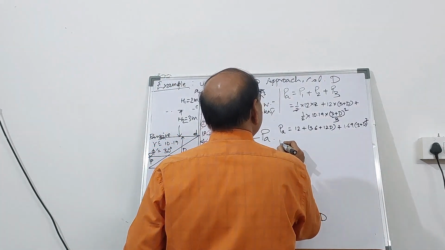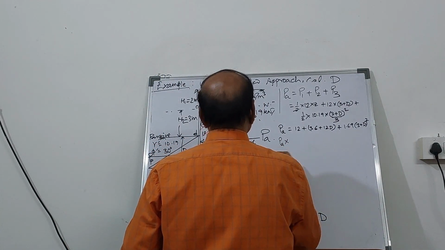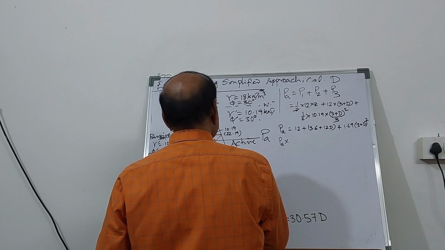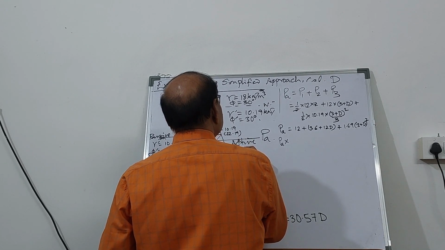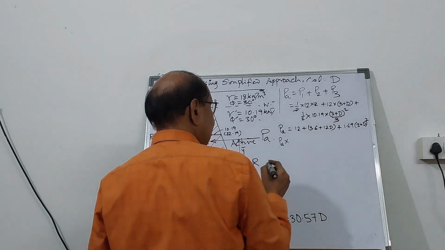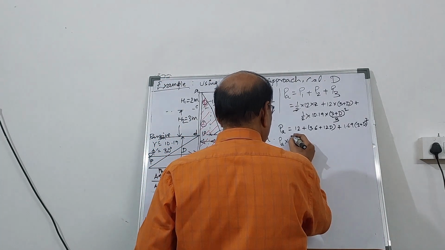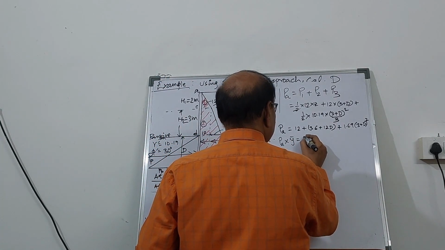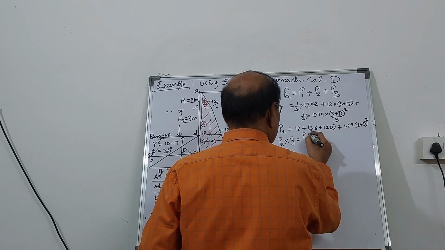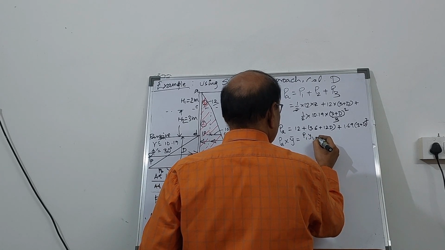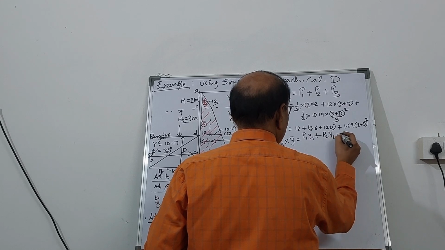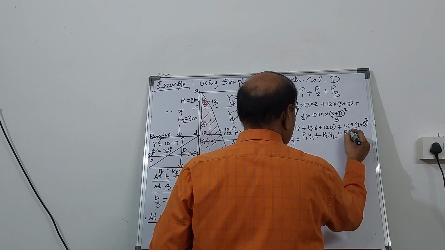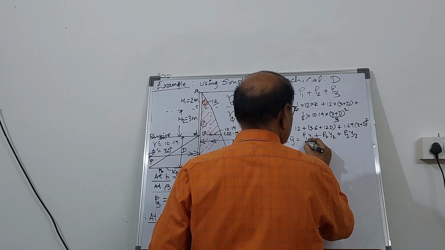So PA into, let's say, it is acting from the bottom at a distance y bar. So PA into y bar equal to P1 into y1 plus P2 y2 plus P3 y3.